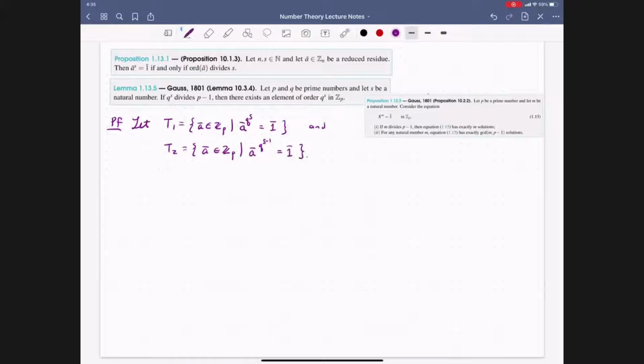So what do we know about these two sets? Well, from last time, we already have the information for the cardinality, because in this case, we are given that q to the s divides p minus 1.